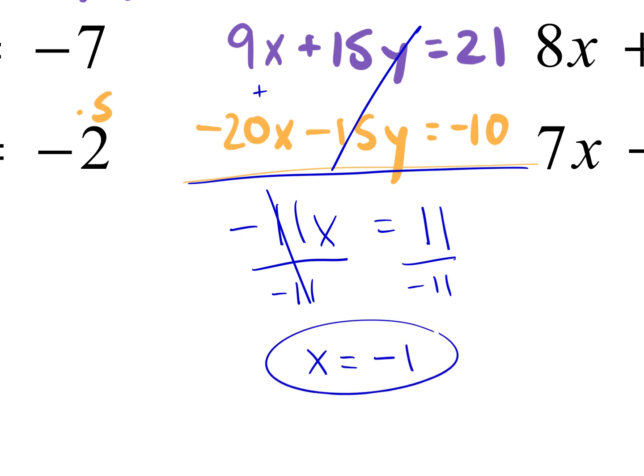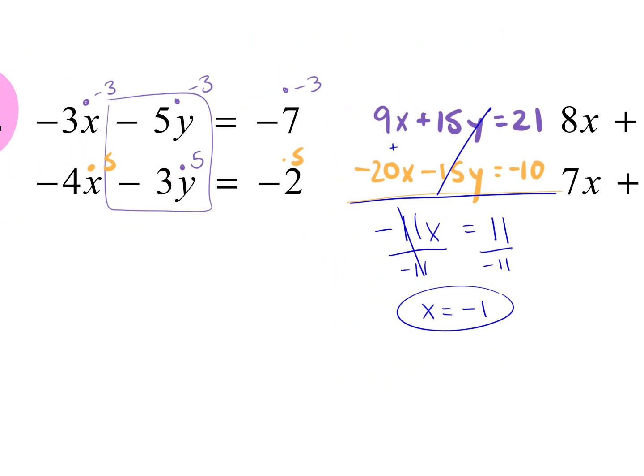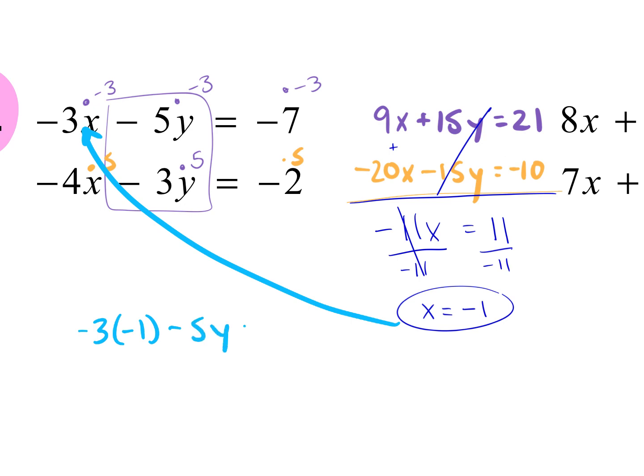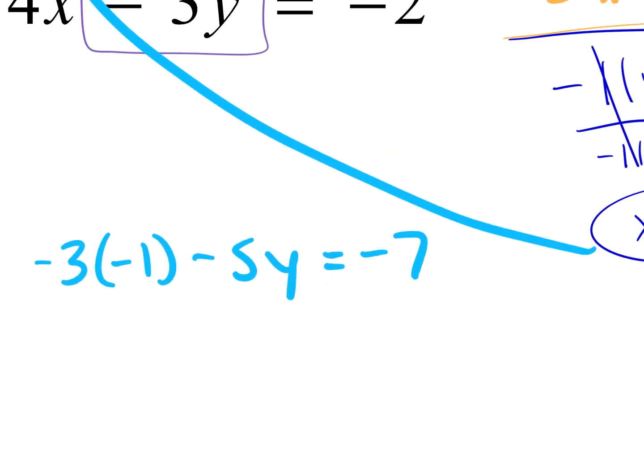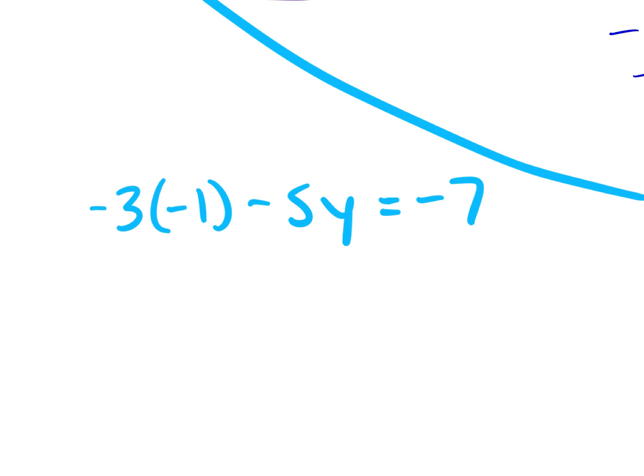-1. How would I find y now? Plug the x in. I'm going to plug it into the first one. So -3 times -1 minus 5y is equal to -7. What would I have to do first to solve for y? Multiply -3 times -1, which would be +3. What would I do next?